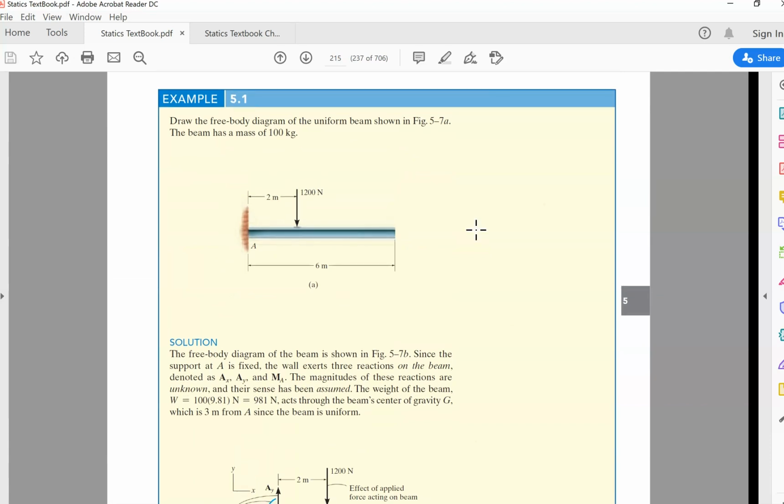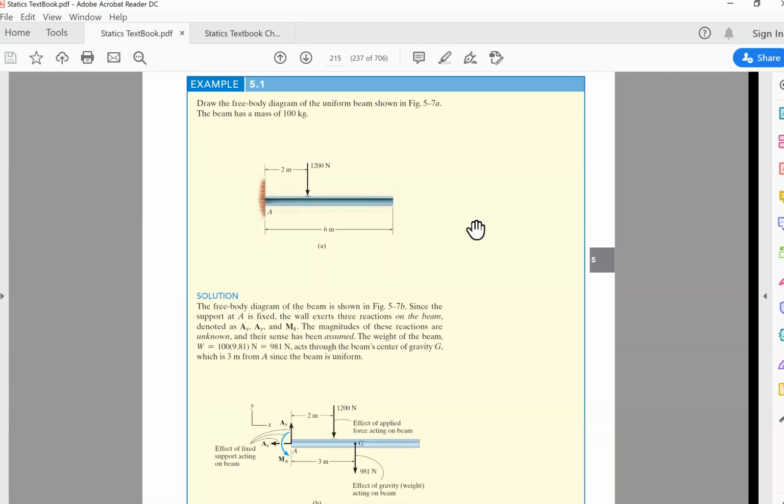So now I'm going to explain example 5.1 before I end this first part of the video. Draw a free body diagram of the uniform beam, and the beam has a mass of 100 kg. Can you see that? They have mentioned the mass, so you cannot ignore it.